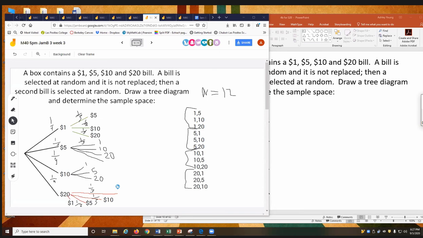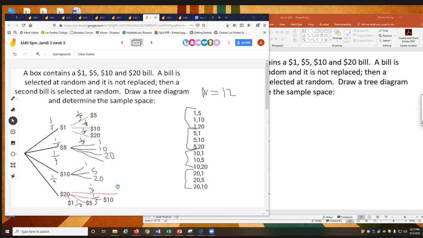So yes, people pretty much got this down pretty well, right? 1, 5, 10, or 20. And if you picked a $1 bill, you can only pick a 5, 10, or 20 for your next one. Pick a $5 bill, you can only pick a 10 or a 20 for your next one. So these change depending upon what you pick first.